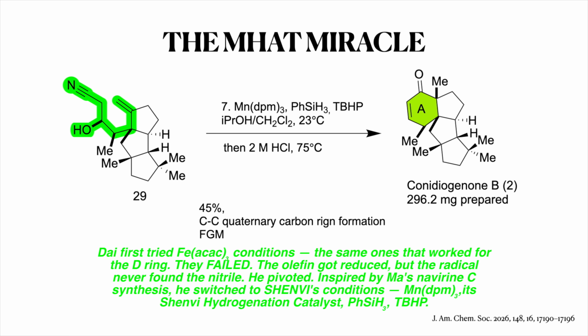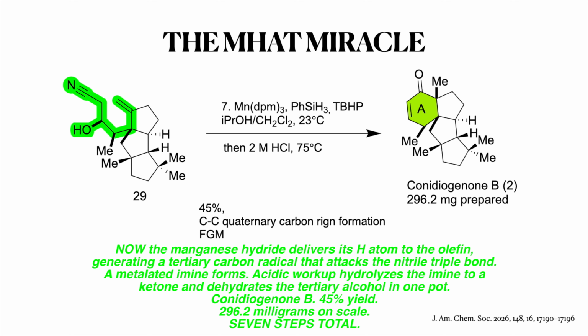He pivoted, inspired by Ma's Navarine C synthesis. He switched to Shenvi's conditions. Manganese DPM is Shenvi's hydrogenation catalyst. Phenylsilane, TBHP. Now, the manganese hydride delivers its hydrogen atom to the olefin, generating a tertiary carbon radical that attacks the nitrile triple bond.